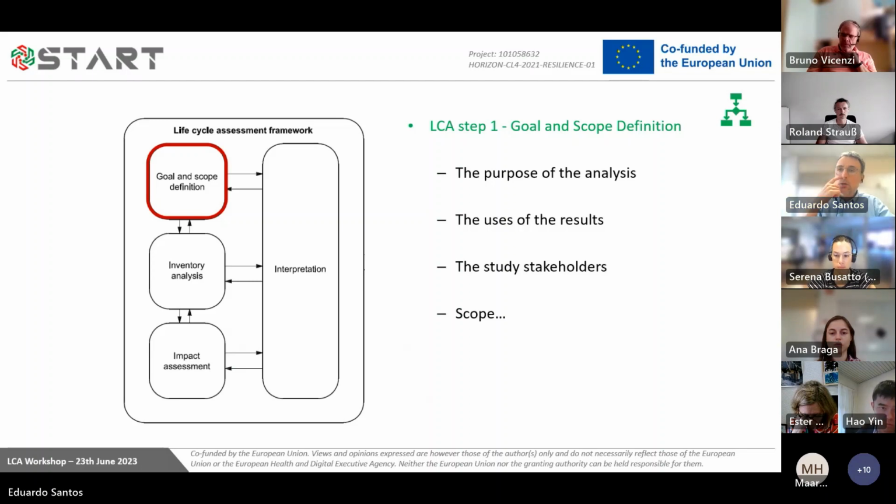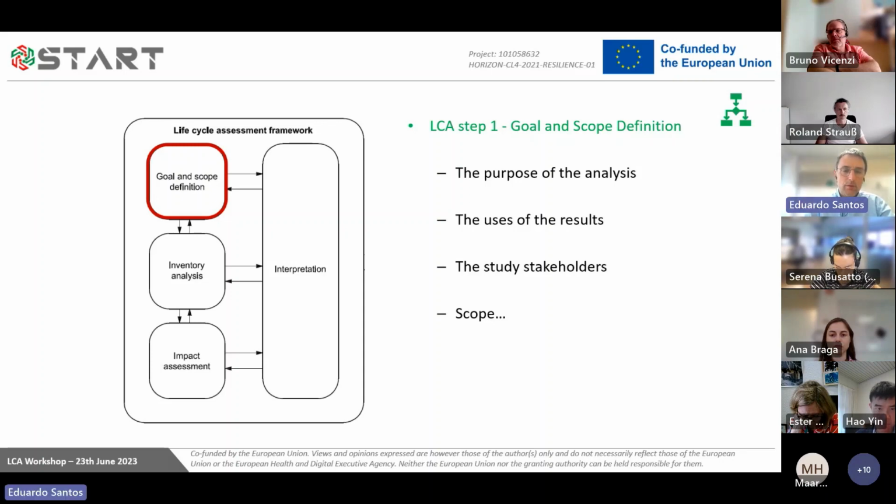We have to try to avoid making the LCA do everything about the product or the environmental impact assessment. It is better to have an LCA that has a very specific and pinpointed goal, because it will make it easier to develop the whole methodology within the time frame, and also more effective, because we will have results and conclusions that are very specific for that goal.